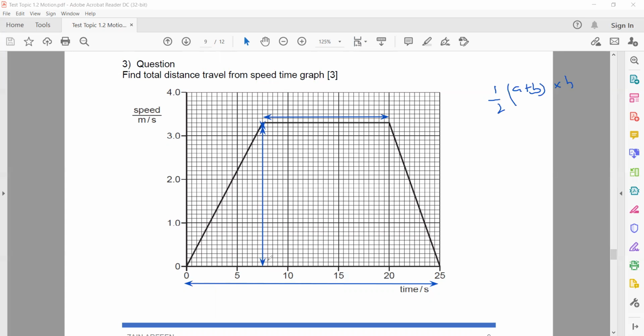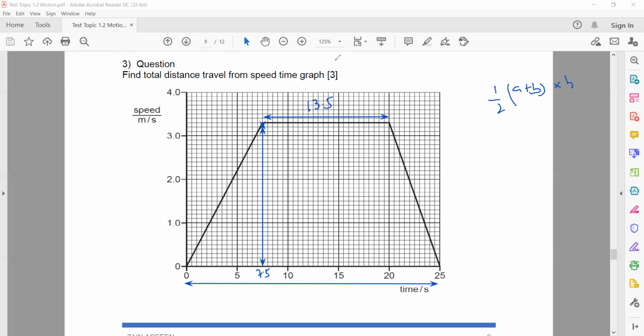When you check, this is 5, 6, 7 and 7.5. So it is starting at 7.5 and ending at 20. So 20 minus 7.5 will be 13.5.